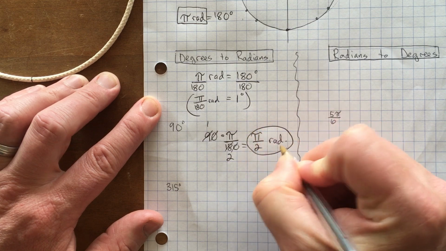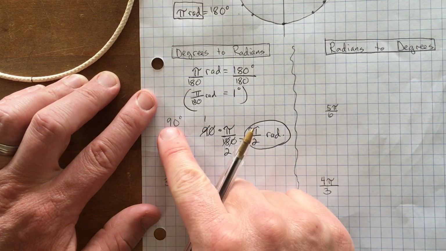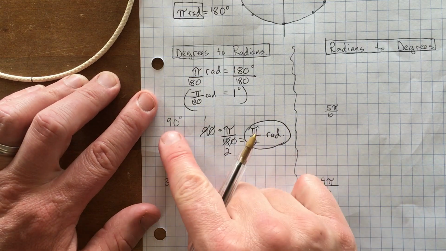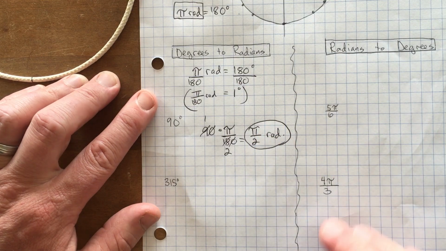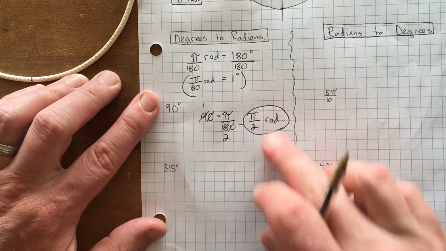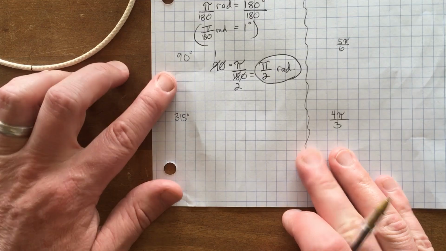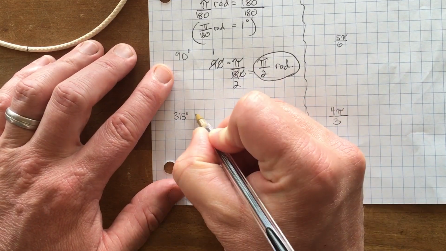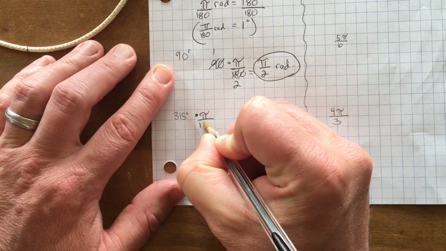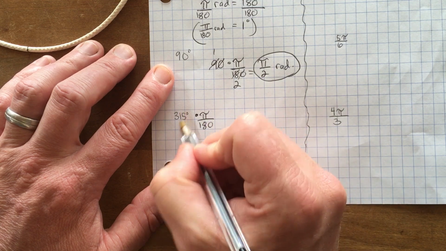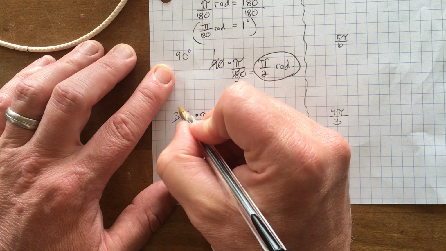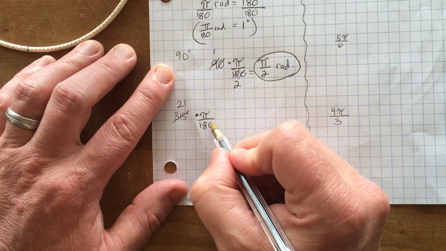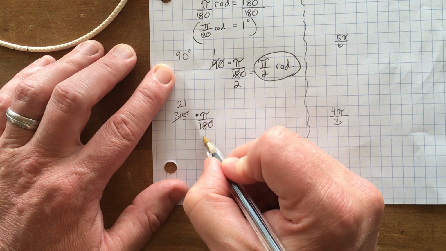Remember that 180 degrees is pi radians. Well, 90 is half of 180, so 90 degrees is half of pi radians. What about 315? Same thing, let's multiply that by pi over 180, and then I just need to reduce this fraction. 315 divides by 15 and you get 21, and 180 divides by 15 and you get 12.